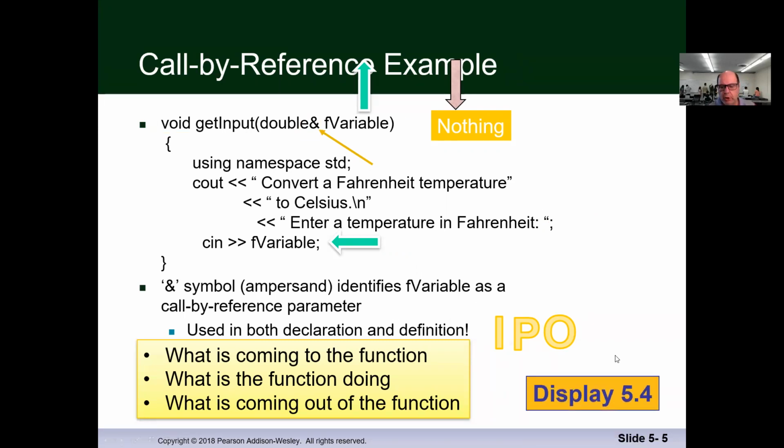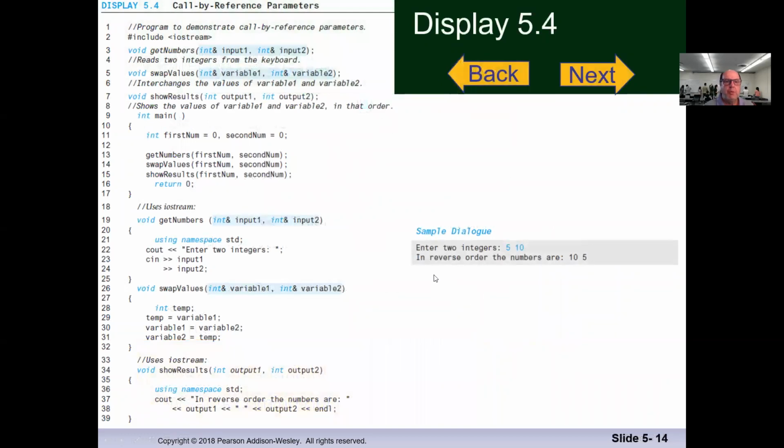Okay, let's go a little more into it. So we have our, let me move this one over here. This is my get number, that is display 5.4 in the book. The get number is not receiving anything, but it has two things coming out of it. We're going to ask the user to enter two numbers.